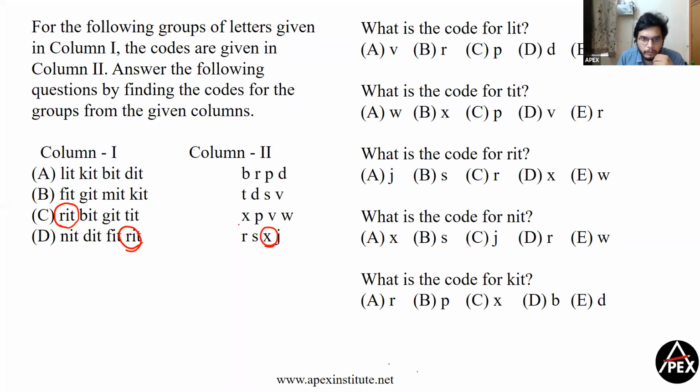X, isn't it? So rit corresponds to X. So the answer for this question should be option D. In this fashion, you can find the coded forms of each word. Try this. The time is 12:30. If you have any doubts, we will discuss this in one of the following classes.